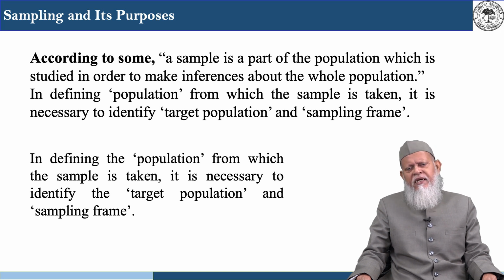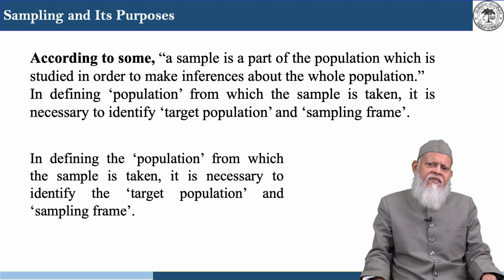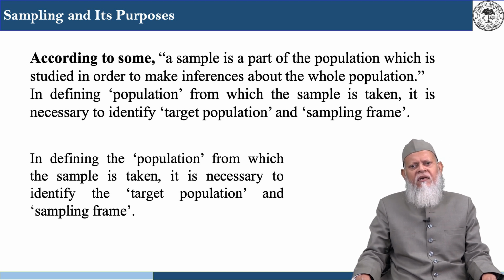So, if we are making a sample of 2500 students out of the 1 lakh, and then studying this sample, finding the conclusion, then we have to generalize these findings for the whole of the population.